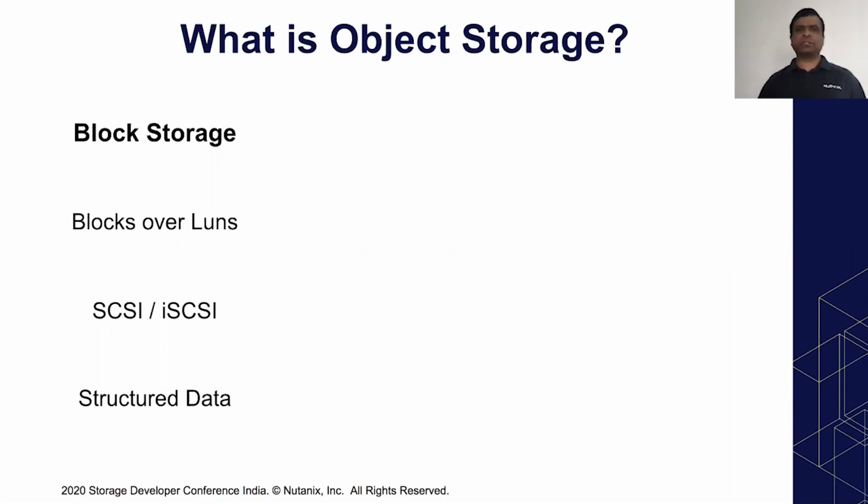Typically, the protocol used to consume block storage is SCSI or iSCSI, and it's popular for applications which use structured data, where the data is formatted in table spaces like a relational database, where the latency is very important and the database is willing to do all the hard work of managing the storage.